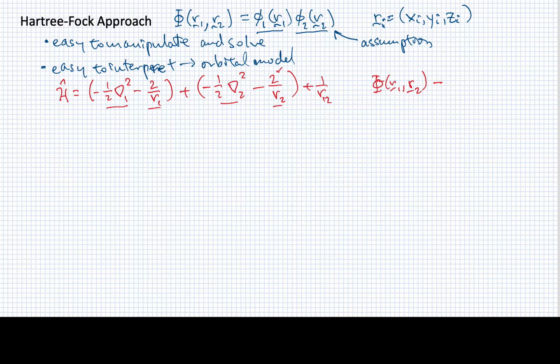So when I write this out, I can write it as phi1 of R1 times phi1, same function, of R2. That's not always going to be true, and it's an easy thing to change if we need to, but I just want to make that clear. By doing this, there's only one function we have to solve for, and that's this phi1.